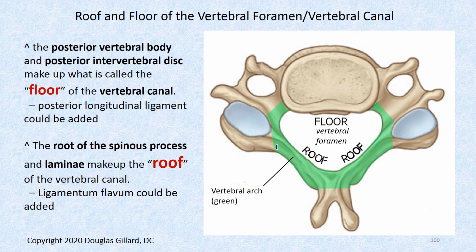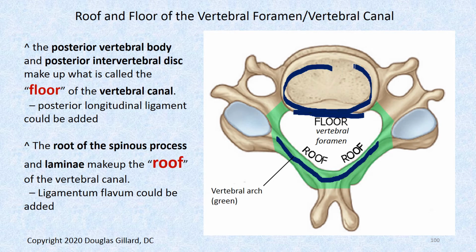The roof of the vertebral canal. The roof is really lamina for the most part. If you want to call it root of the spinous process, if you're in that camp, you could call it. I usually just call it the roof is the lamina. The floor is the vertebral body and the disc that we don't see. That makes up the floor of the vertebral canal or vertebral foramen if you're talking about one level. It's kind of an important concept.